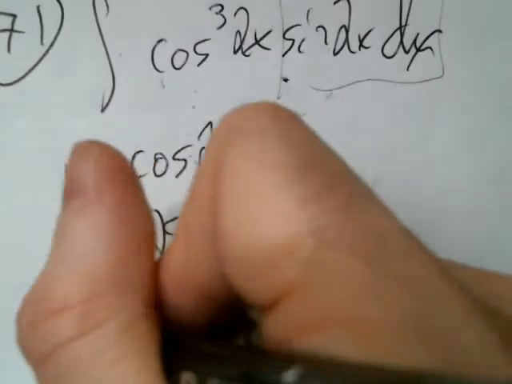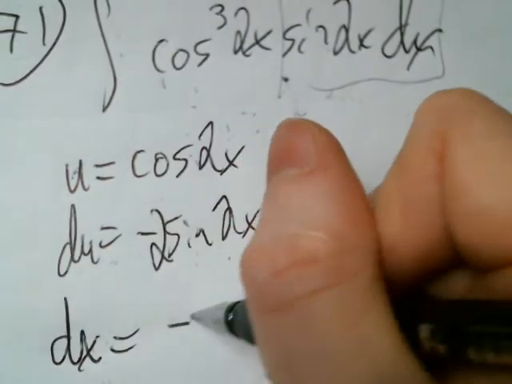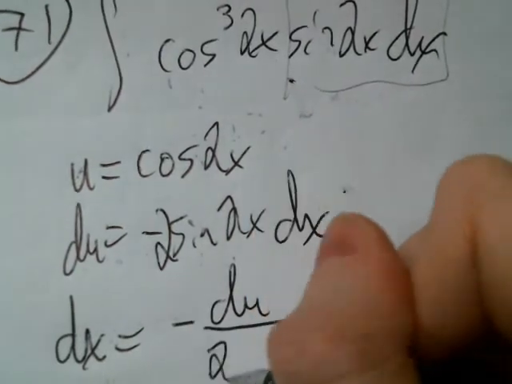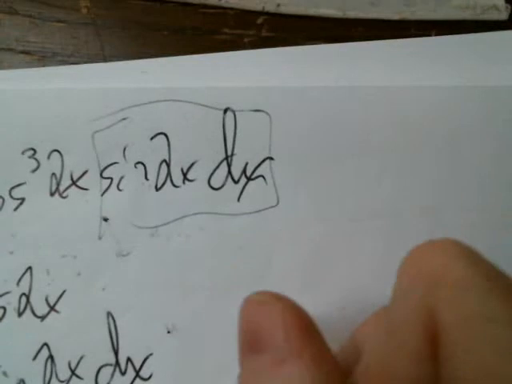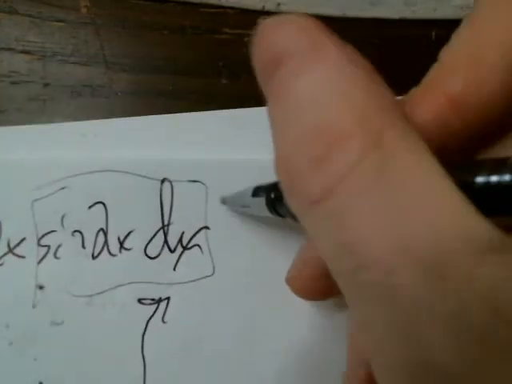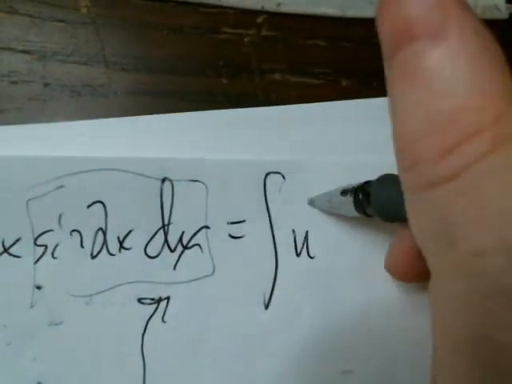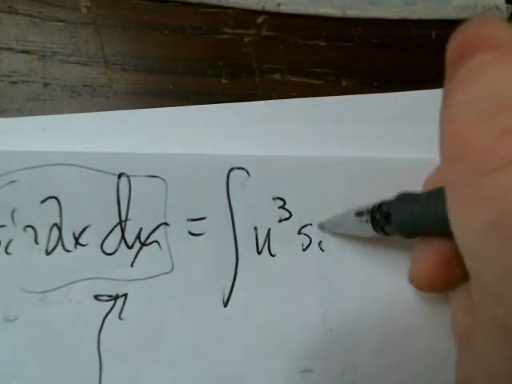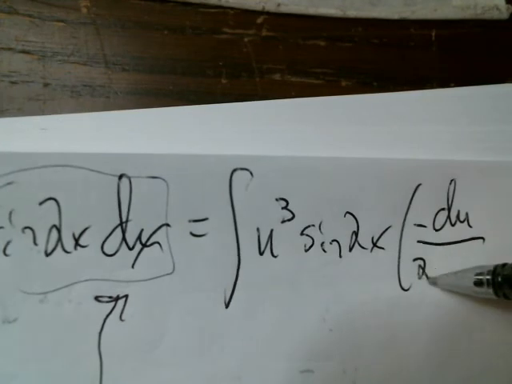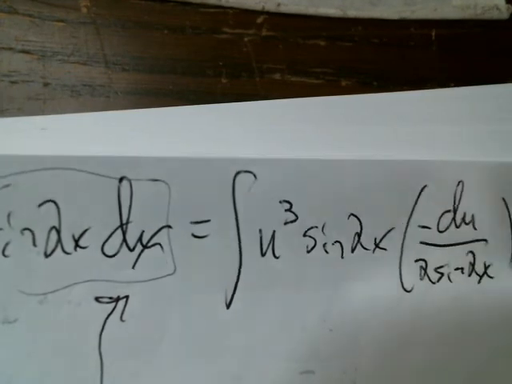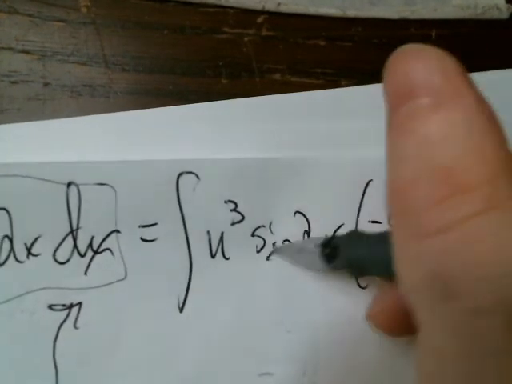That's my differential, and then dx will equal a negative du over 2 sine 2x. Okay. And then I could substitute that material in for whatever I need. So I'll have u cubed times sine 2x times dx, which is now negative du all over 2 sine 2x. Okay, and then you can cancel these guys out.